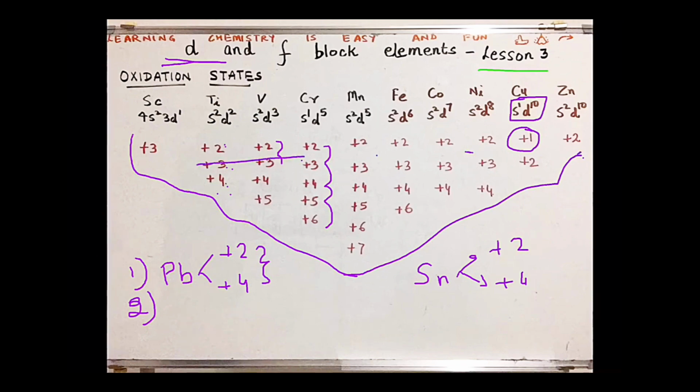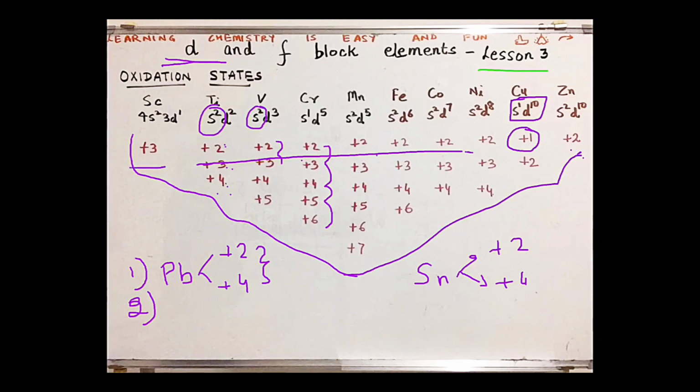So +2, +2, +2, and we are just taking the 3D series, and similar behavior is seen in the case of 4D and 5D elements. So +2 is quite common, very clearly explained by the S2 configuration in the elements, right?